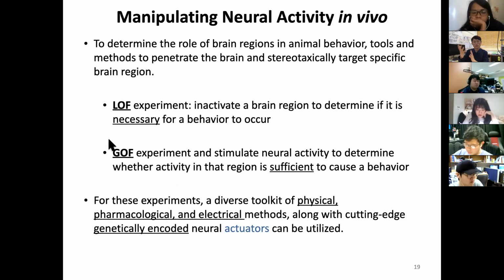So you want to have these two aspects of manipulation of brain activity. And for these, a diverse toolkit of physical, pharmacological, and electrical methods, along with, nowadays, more cutting edge genetically encoded neural actuators such as a calcium indicator or voltage sensitive dye, can be utilized.